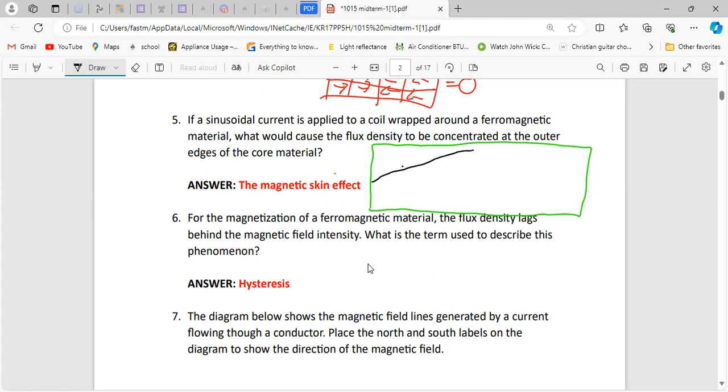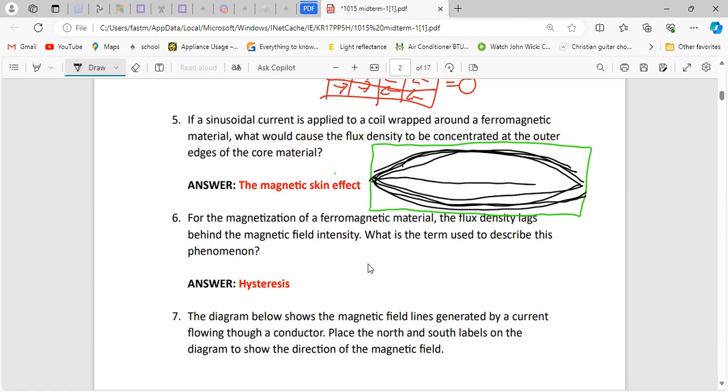So the majority of it will concentrate on the outer edges, like a lot. Same thing for this side. And as you continue to go to the center, it's not a lot.